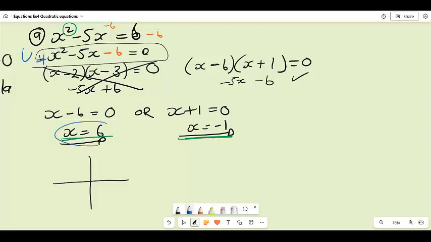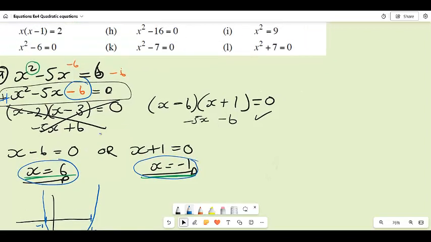These two are going to be my intercepts, so I'm intercepting at x equals 6 and at x equals -1. My smiley face would look something like that. Now, this is my y-intercept, which means that it cuts the y-axis at -6. That would be more or less my graph. Not very accurate, but the correct shape with the correct intercepts.